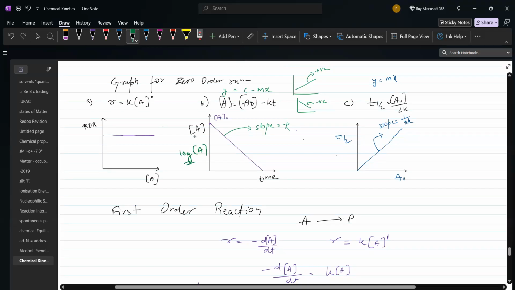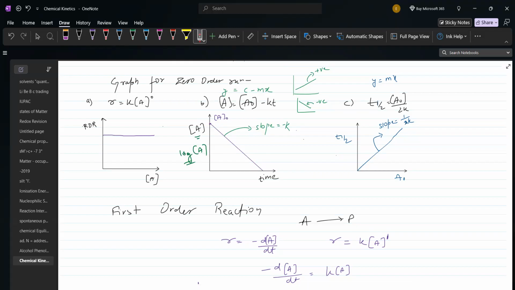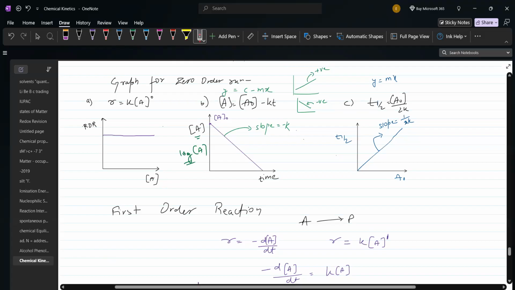But if you want to draw the graph between concentration of A versus time, then you will get a graph like this, exponential. Understood the difference? If you have understood the difference, it is well and good, because you have to compare them.